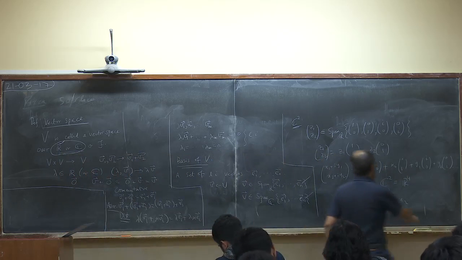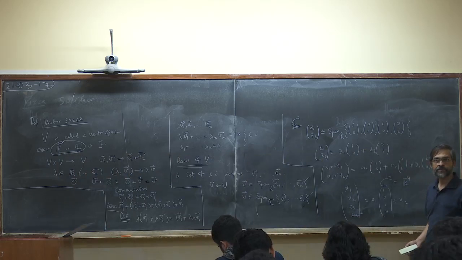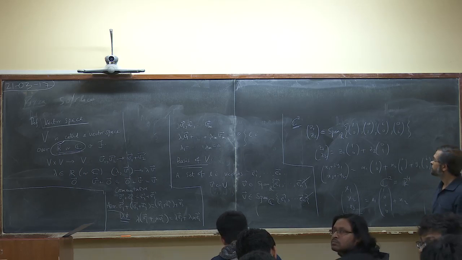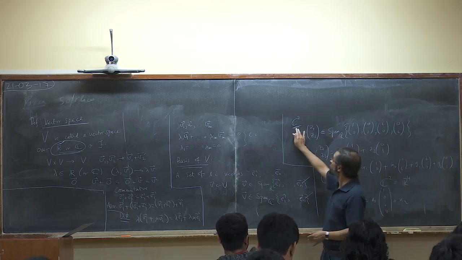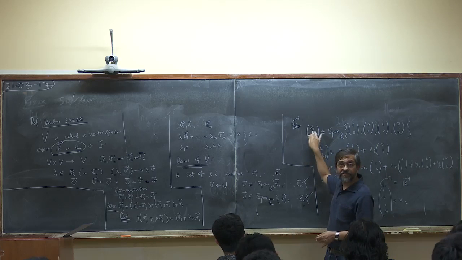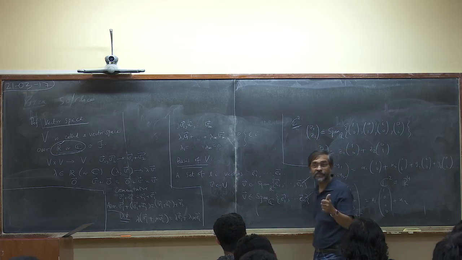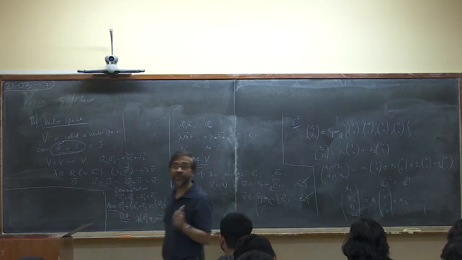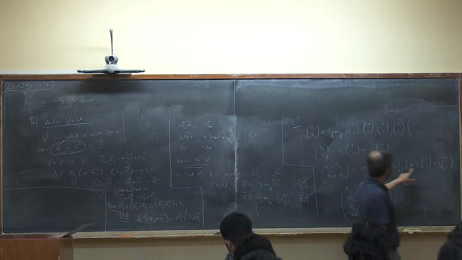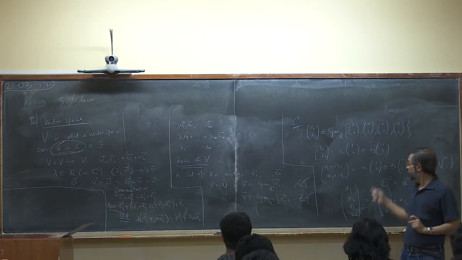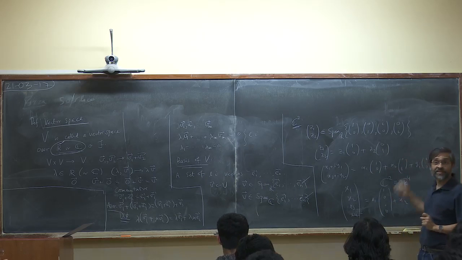Sir, I'm still confused. Here the field remains C, but we are just constraining the coefficients to be real. Is that so? No. I'm saying let me define C2 as the column vectors with two complex numbers. This can be understood as having 4 basis elements and a real linear combination.